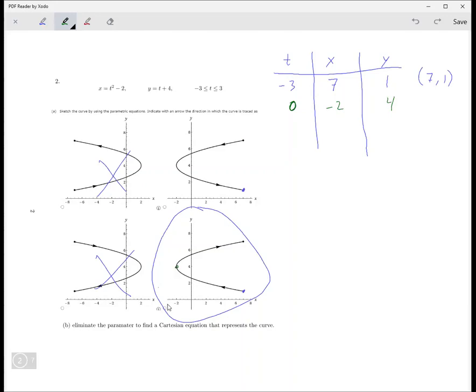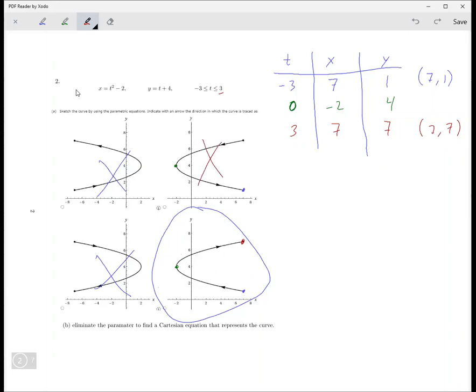Yeah, which is right here. It's also right there, but this is going the wrong direction. When t is negative 3 it gives you this point. When t is 0 it gives you that point. When t is 3, the ending point, then what do you have? 7, and then this is going to be 7 here. Okay, so 7, 7, which is over here. Okay, so this is the correct one.